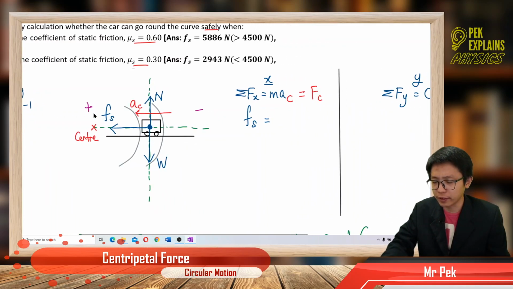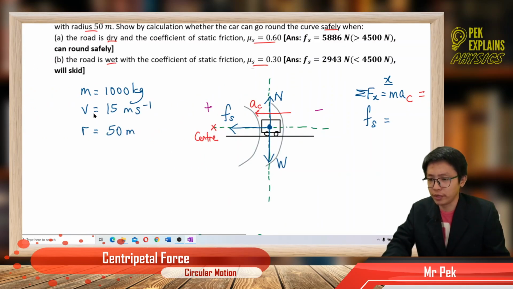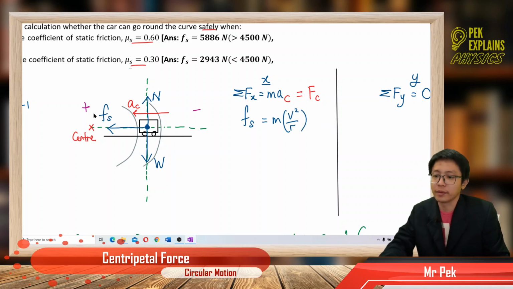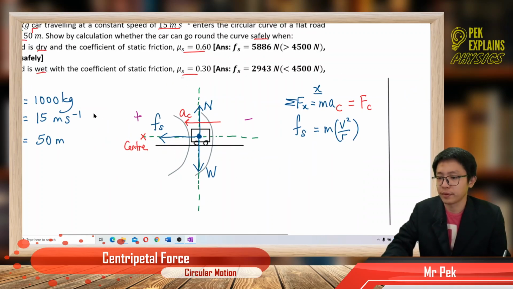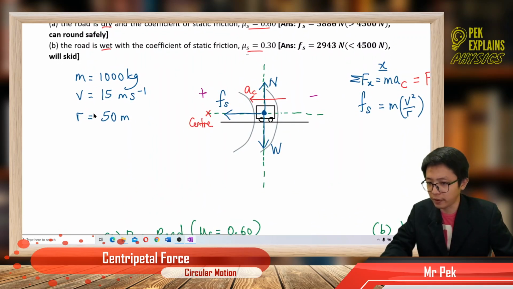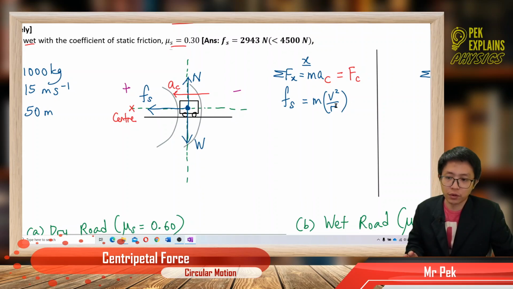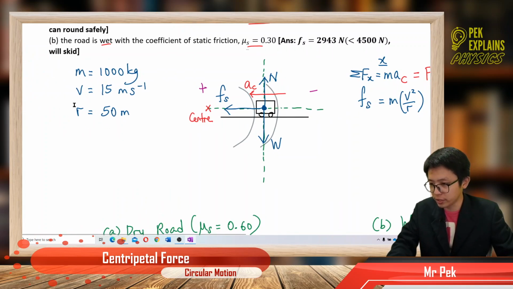Now we have the formula for ac. The formula for ac is v squared over R. So the centripetal force is also equal to mv squared over R. That's the formula, and we already have all the information needed.